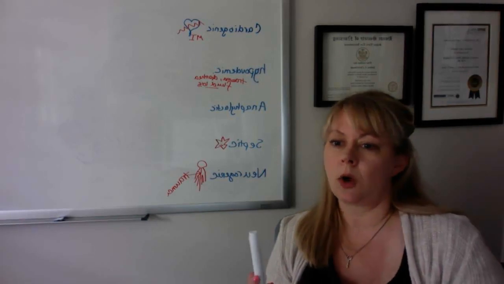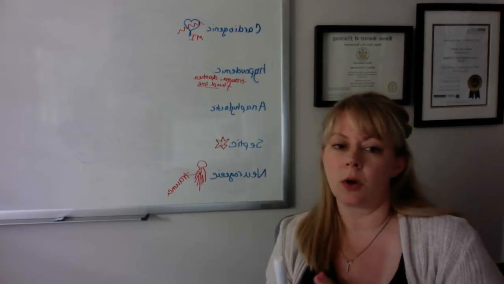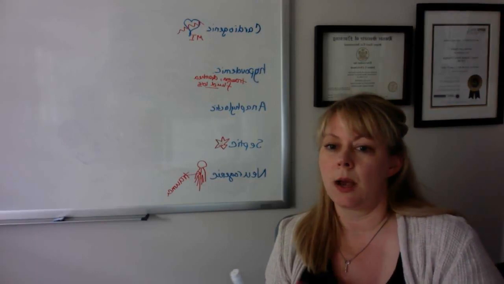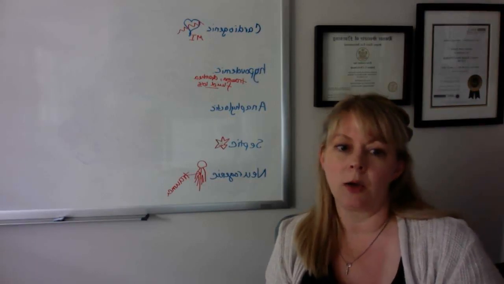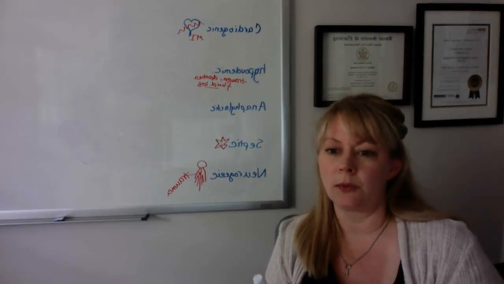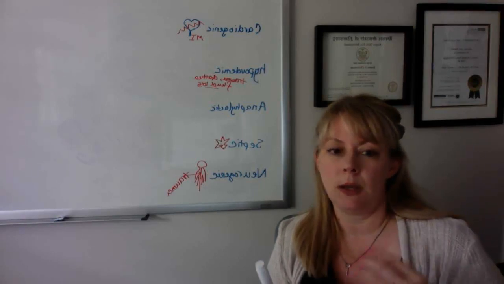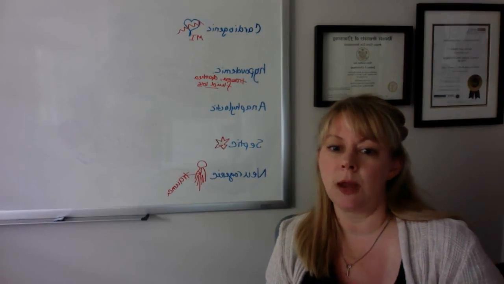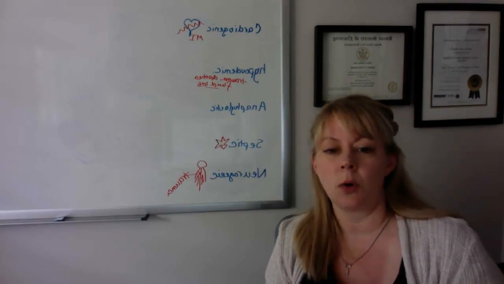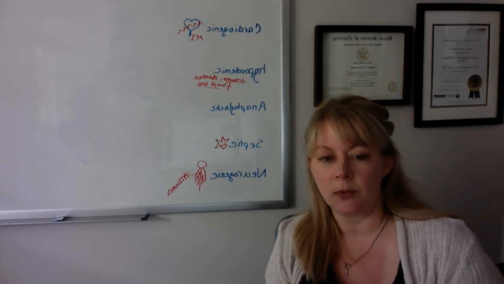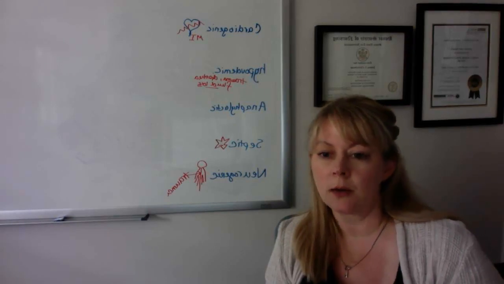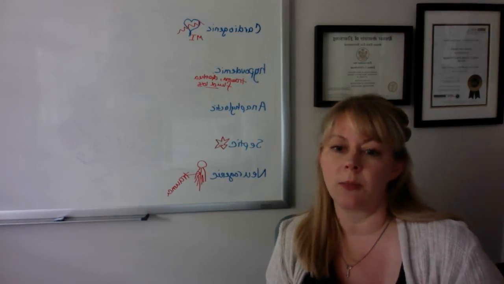So we talked about cardiogenic shock. We're going to talk about treatment in a minute, but hypovolemic shock, your blood volume's too low; anaphylaxis, allergies; infection, septic shock; neurogenic, think nervous system. So you have damage to the nervous system. So what is distributive shock? It's a type of neurogenic shock, or neurogenic shock is a type of distributive shock.